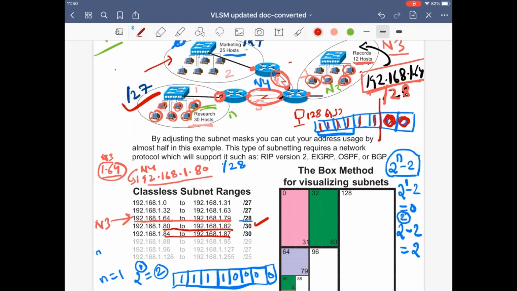So from 80, this is network 1. After that 84, this is network 2. And the broadcast ID will be 1.83 for network 1 and 1.87 for network 2. That is the broadcast ID.